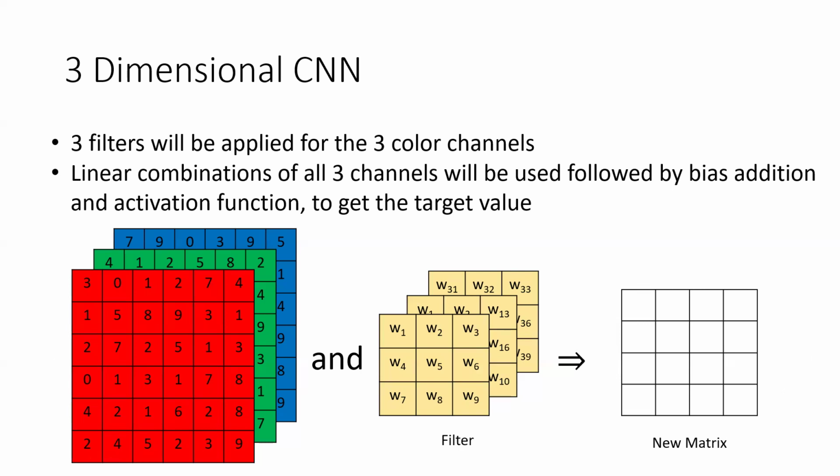We also discussed how we can avoid it by adding padding. When we are doing it without padding, it is known as a valid convolution. When we apply padding so that we get the same matrix size as the output, that is known as same convolution, right? So those are the two convolutions that we use.